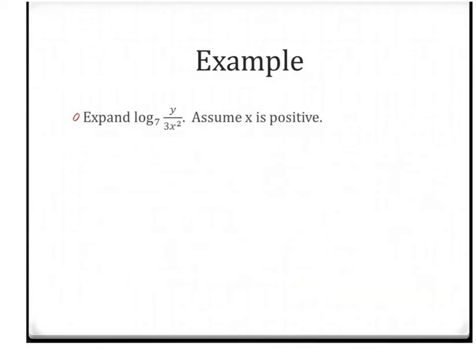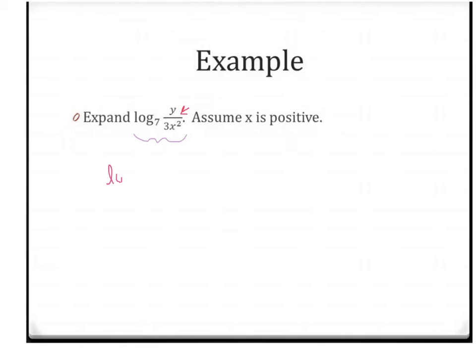Alright, so we've been expanding without really calling it expanding. We've just been expanding some, but we're going to expand a little more here. So we have a very condensed logarithm, and we want to expand it. And the first thing you're going to address is that division bar in the middle, and when we expand it, that means we're doing what operation? We're going to subtract.